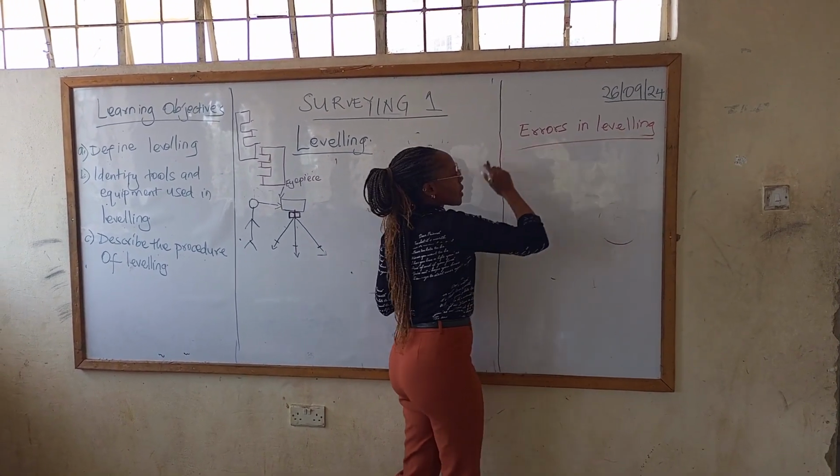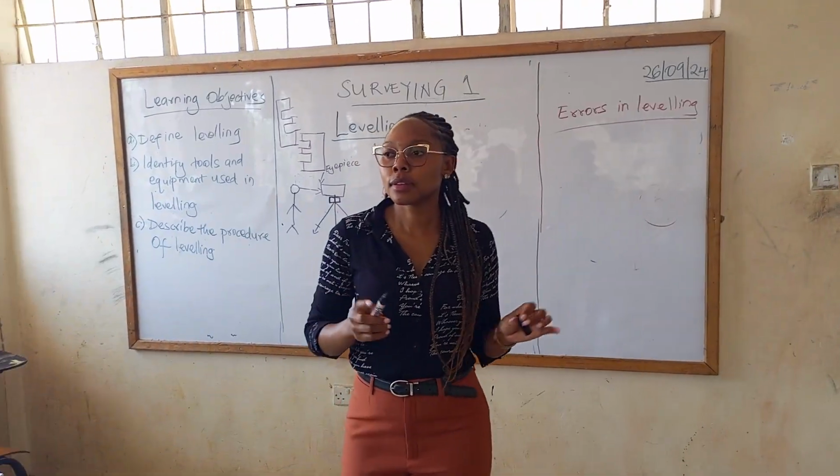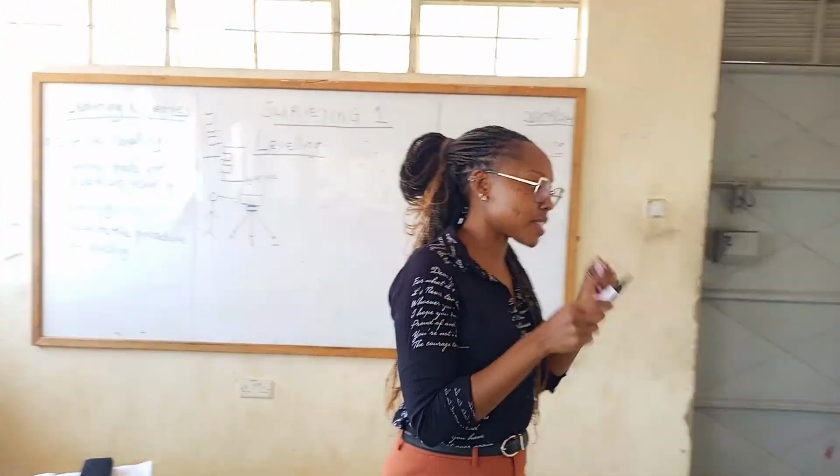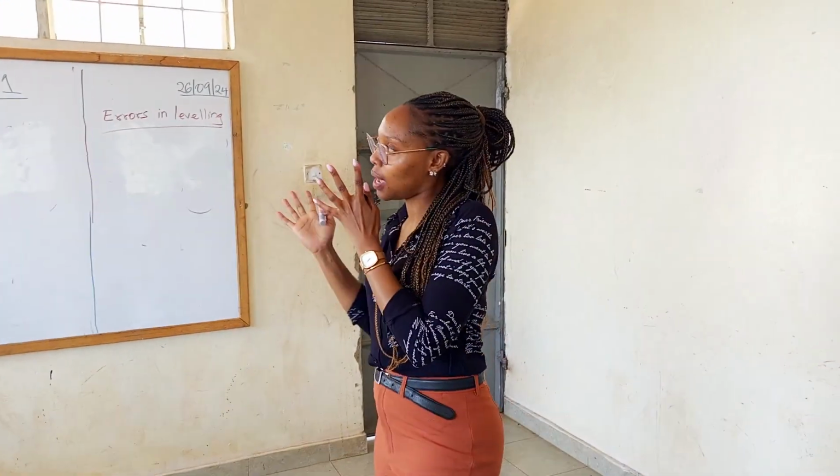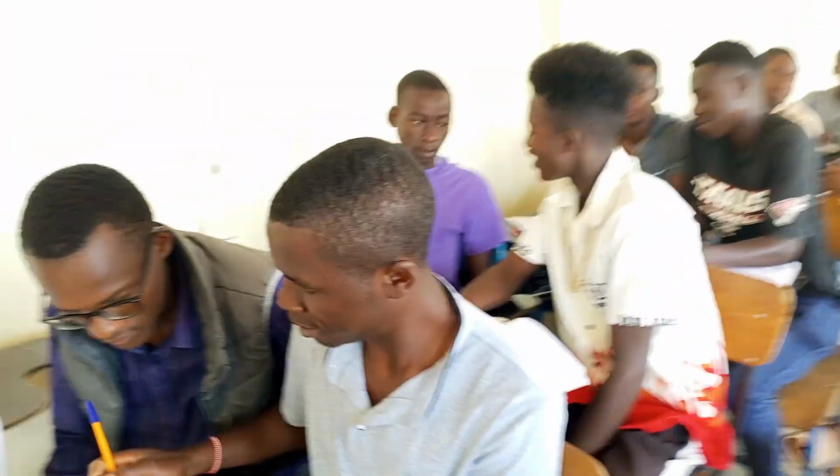And they are categorized into three. Let someone discuss with their neighbor to know what kind of errors will occur in a leveling procedure. Everyone should consult their neighbor there. Tell me, you give me some answers.